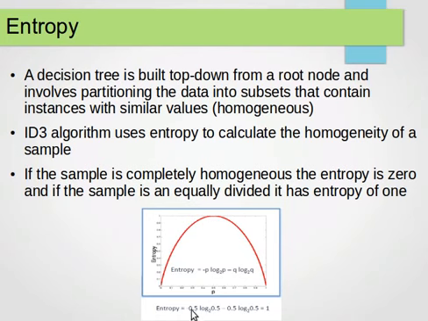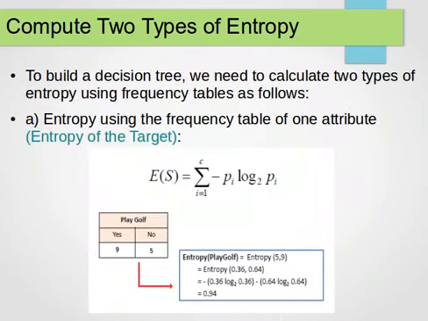If we do that, the entropy is minus 0.5 log to base 2 of 0.5 minus 0.5 log to base 2 of 0.5, and that's 1. So if things are equally divided, then the entropy is 1. If everything is homogeneous, then the entropy will be 0, either there or there. Now to construct a decision tree, we need to compute two types of entropy.